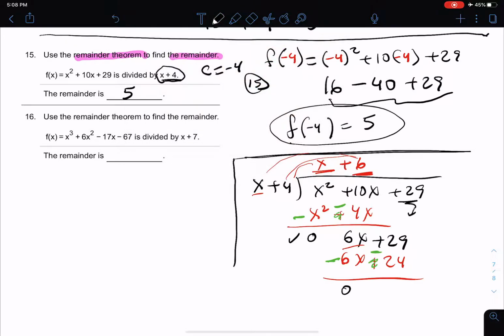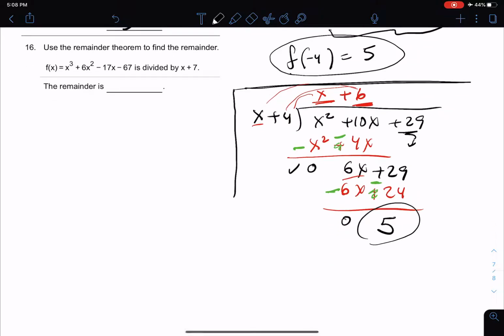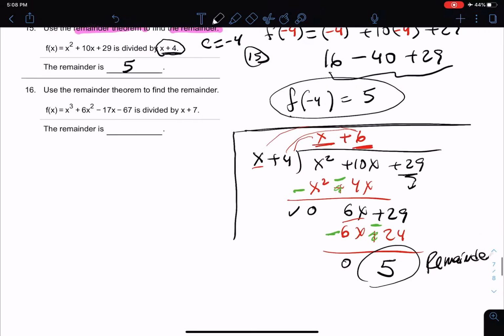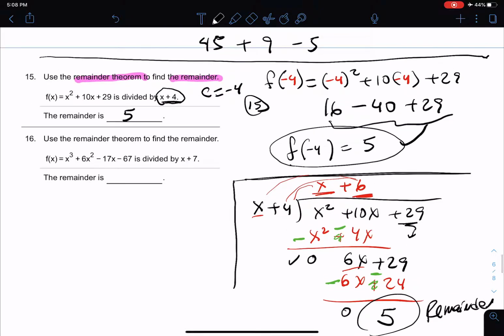So we get 0, perfect, and then 29 and a negative 24 leaves us with a 5. We just found out that the remainder is 5, which is exactly what we got before, which is what the remainder theorem says. You can find the remainder by substituting the c value into the function.